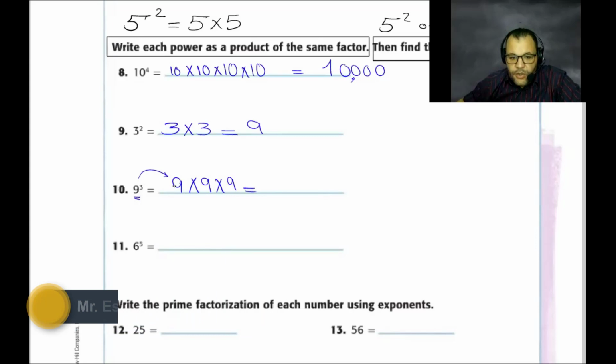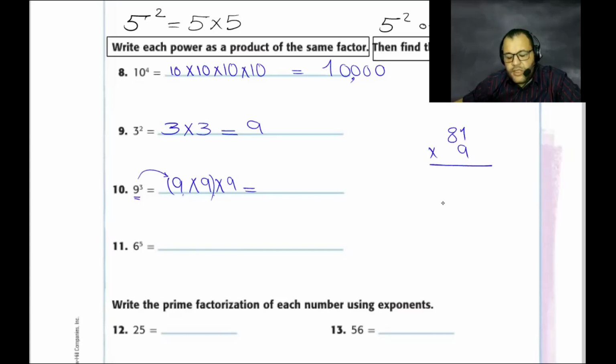At the first, we divide it into groups. 9 times 9 is 81. And 81 times 9. So the answer now will be 729. Yes, 729.